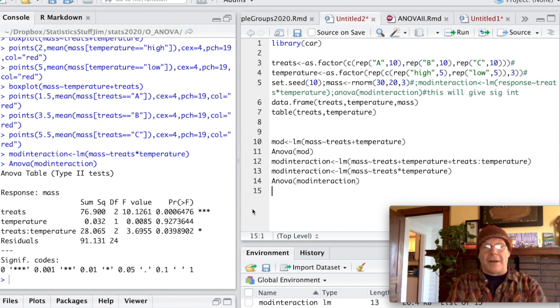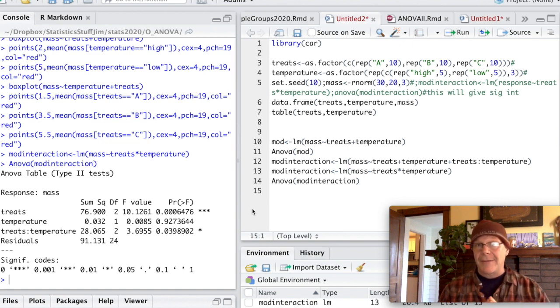And what do I find out when I do that? What I find out is that treats are still showing to be significant. Temperature is still showing to not be significant. And again, those plots that we looked at, that makes sense. But now when we look at that interaction term, the treats by temperature, it is saying that there is a significant interaction term.